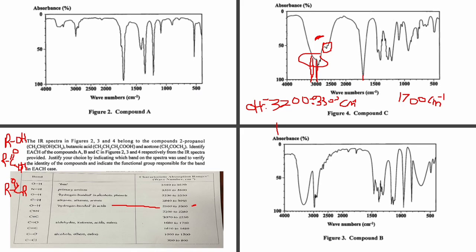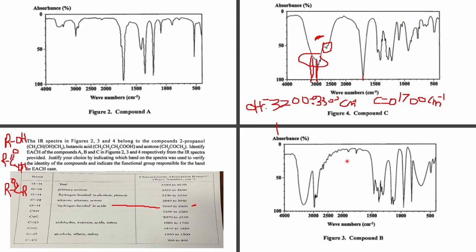And our determined wave number here lets us know that this is your carbon double bonded to your oxygen. So the presence of both your alcohol functional group and your carbon double bond to your oxygen is an indication that this spectrum is our carboxylic acid, which we're already leaning to based on the visual peaks.